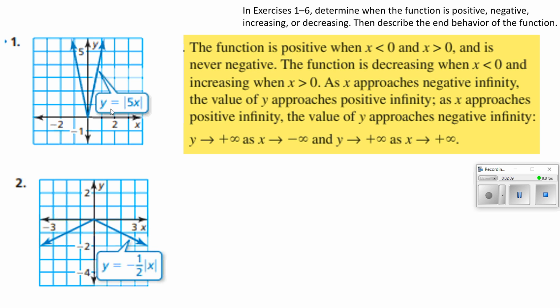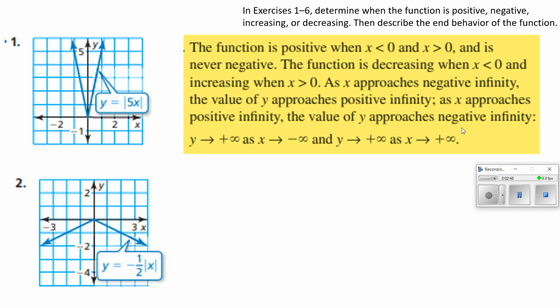And as x approaches positive infinity, the book says the value of y approaches negative infinity.